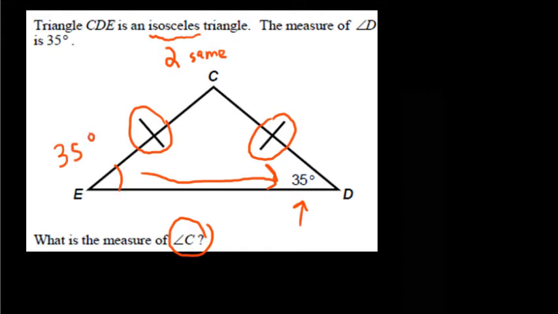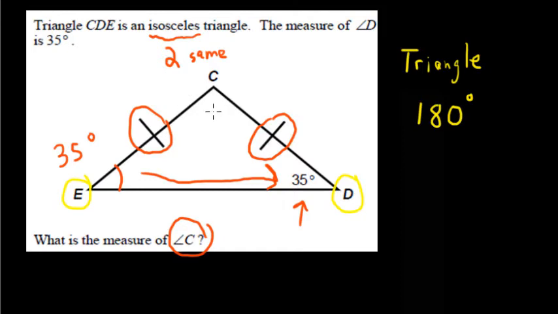Then we also use one more piece of information that we should know, one other clue that's true for all triangles. And that is that if you add up all the interior angles, you get 180 degrees. So if I subtract away angle D and angle E, I'll be left with angle C. Angle E and angle D together, 35 plus 35, will give us 70.